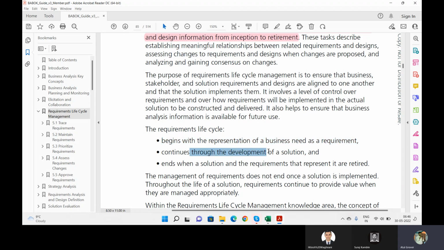Continue through the development of a solution. You start working on the development part, and it ends when a solution and the requirement that represents it are retired. It means your development is complete, people are using it now, you can retire that particular requirement.